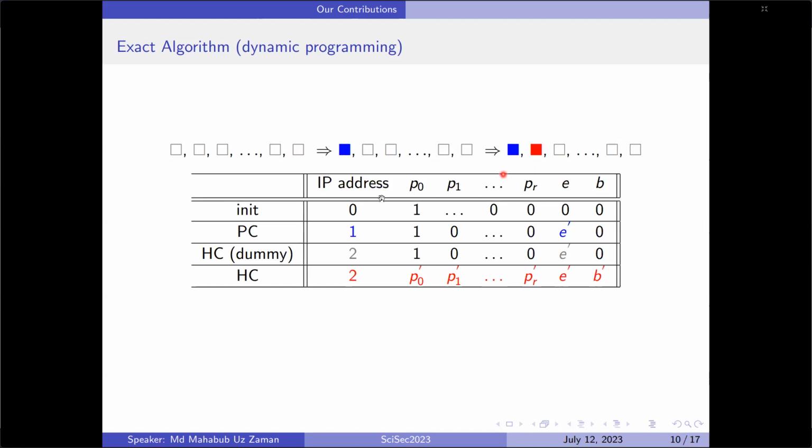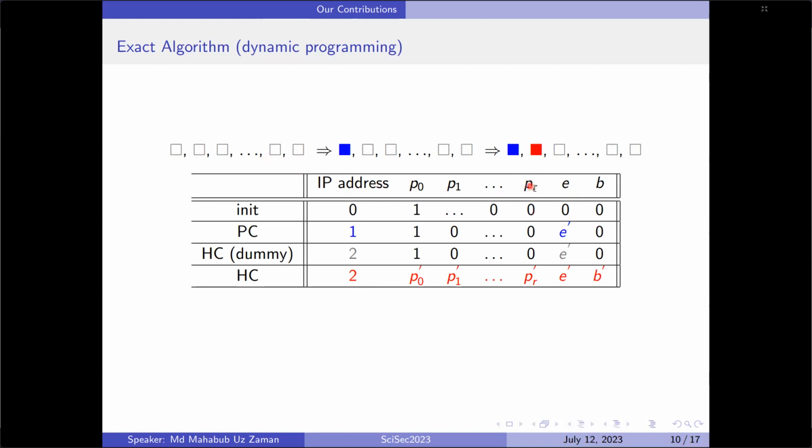In the table, we have some information. For example, the first column is the IP address, so the position of the computers is the IP address location. And the probability PR is the likelihood that R tools are exposed.